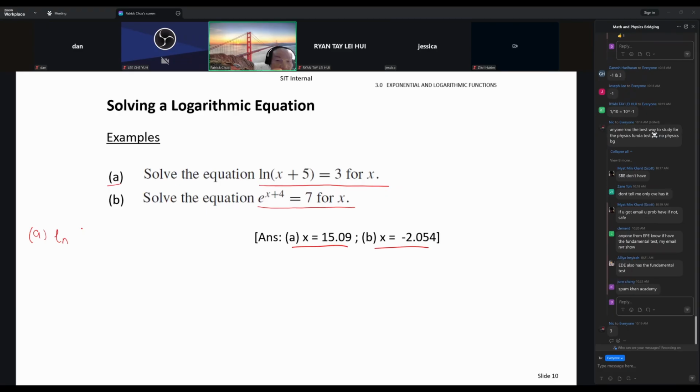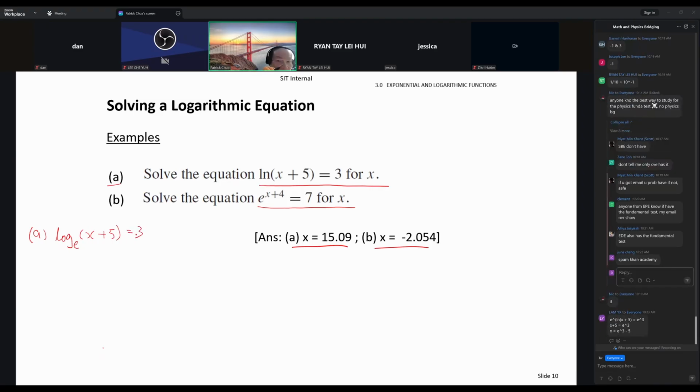Try to solve it as simply as possible. Ln is actually log to base e, so log to base e of x + 5 equals 3.